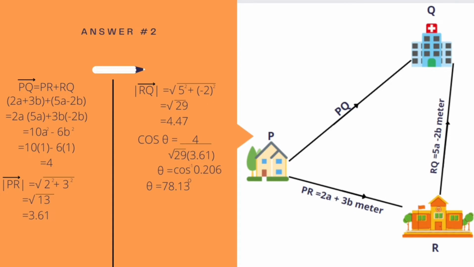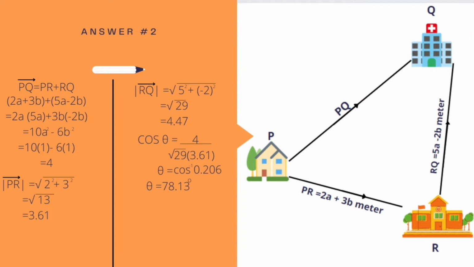PR is equal to square root of 2 squared plus 3 squared equals square root of 13. The answer for PR is 3.61. RQ is square root of 5 squared plus negative 2 squared equals square root of 29 equals 4.47.